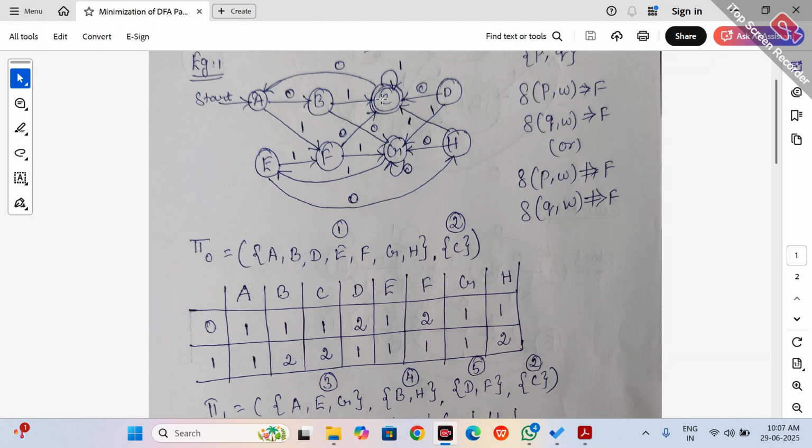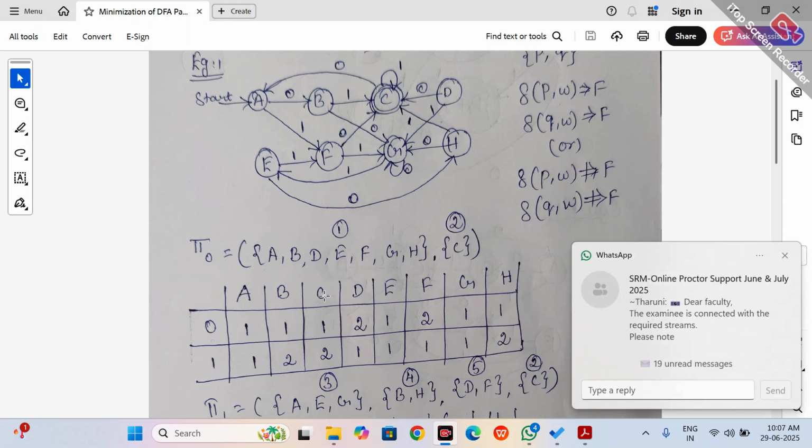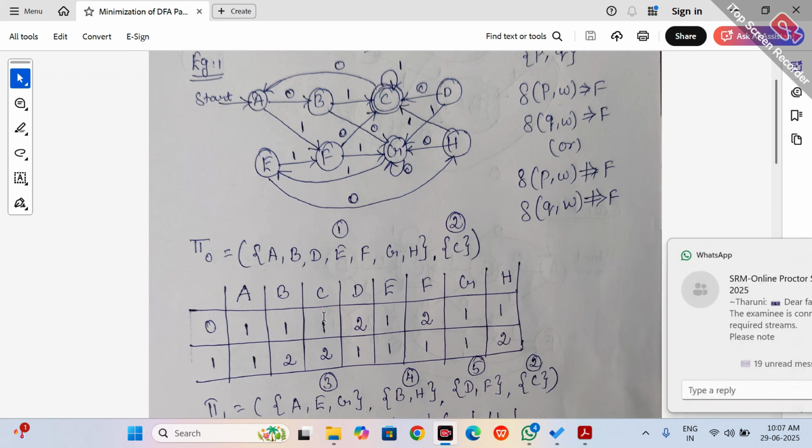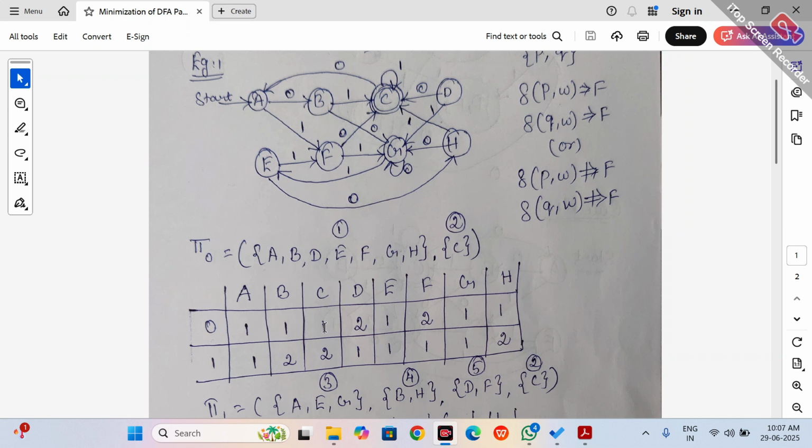No, it's correct only. For state C, the input 0 goes to state A. A is in group 1, so here we mention it as group 1. And for state C, for the input 1, it is the self loop. C is in group 2, so here it is 2.